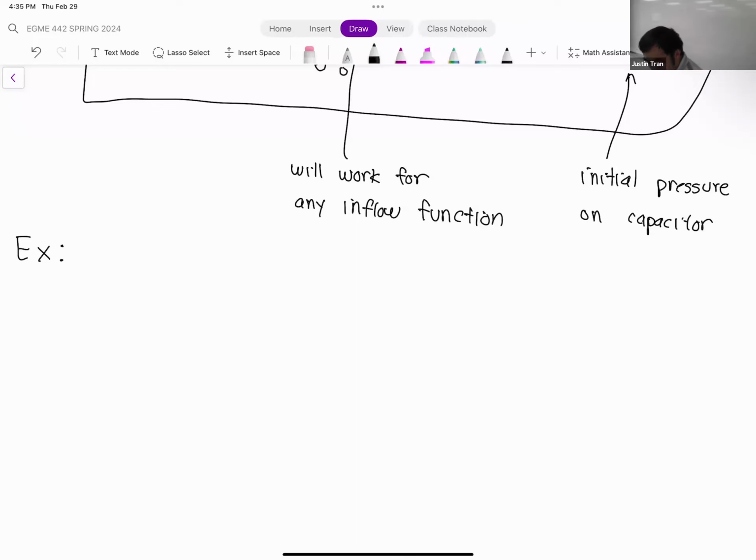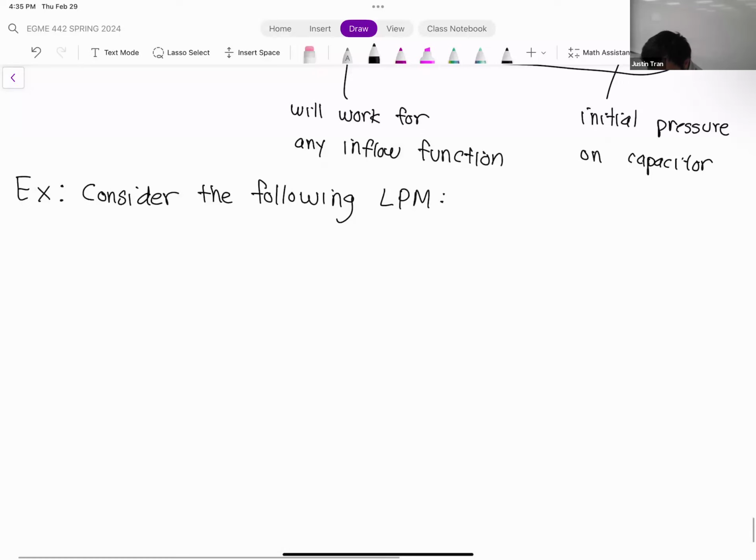Okay, so let's consider the following lumped parameter model. It's going to be the same as last time, but we're going to add an inductor as well. We have flow coming in. We're going to have an inductor here in front.